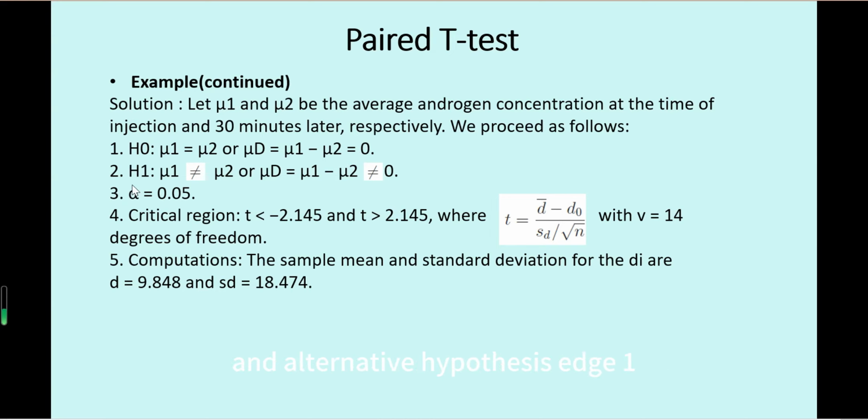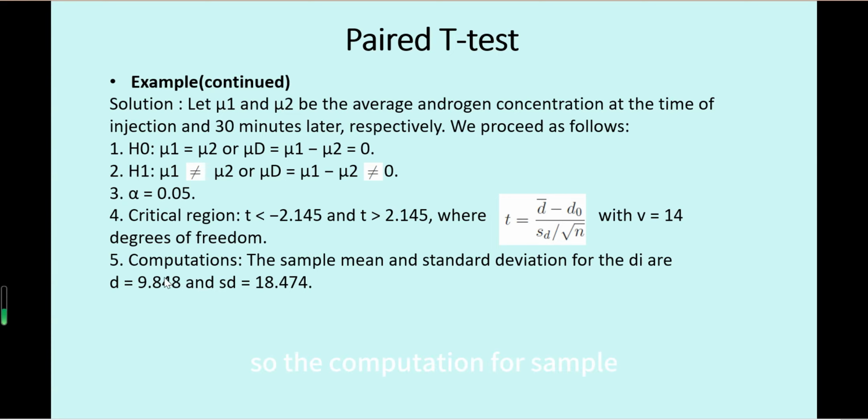And the alternative hypothesis H1 is that we reject H0, which means mu1 is not equal to mu2, or say their difference is not 0, right? The test significance level is 0.05, and the critical region is T larger than 2.145 or T less than minus 2.145 at 14 degrees of freedom.